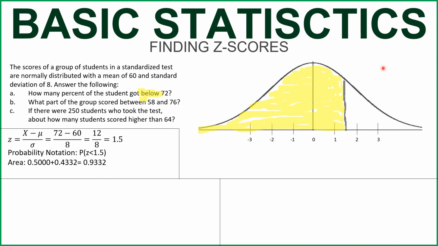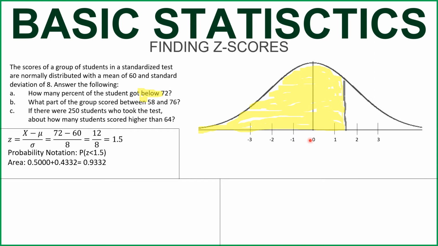And sinabi sa property na yung normal curve daw is equal to 1. Therefore, yung kalahati ng normal curve is equal to 0.5. I-add natin dito yung value ng right side ng symmetrical bell curve natin. So, ano yung value ng positive 1.5?